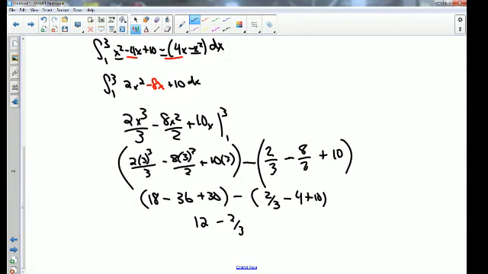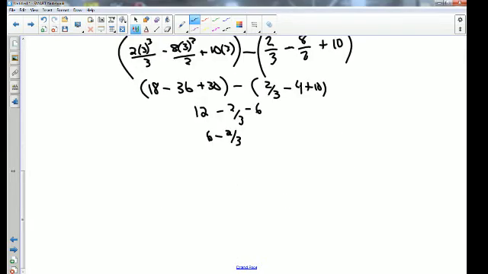Minus 4 plus 10. Number 6. So 6 minus 2/3. 5 1/3. Or 16 over 3 if you're not a friend of mixed numbers. That's just silly.